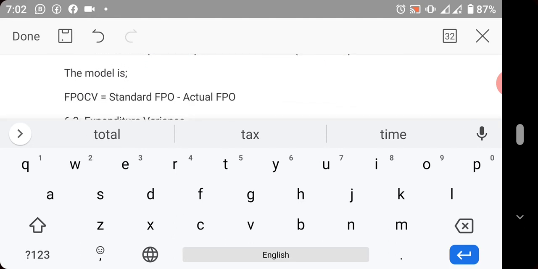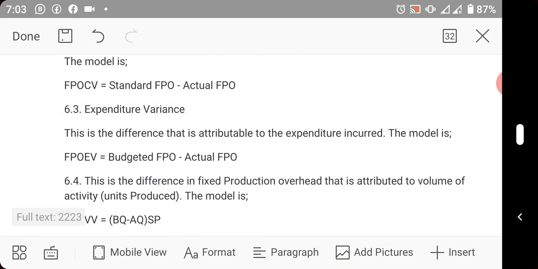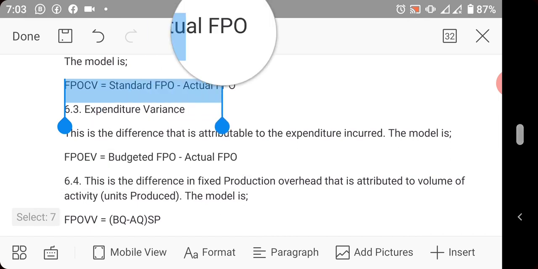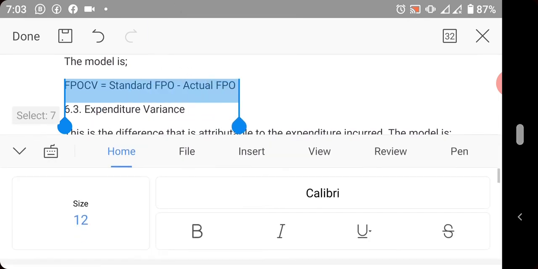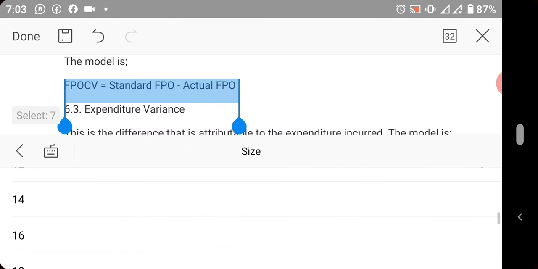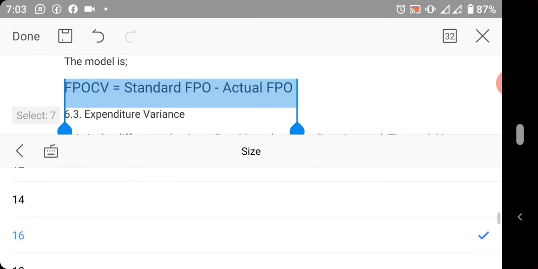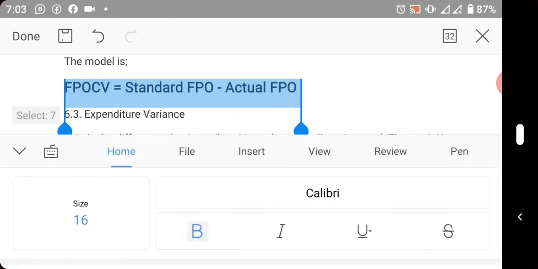The model is: fixed production overhead cost variance is equal to standard fixed production overhead minus actual fixed production overhead. That is how it is calculated. You must cram all these formulas. It is important that you cram them.